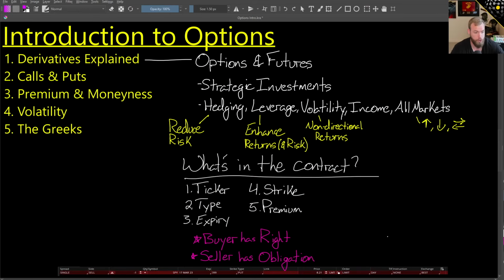The buyer of the house has the right to the asset, and then the seller has the obligation to sell the asset. Now, the only difference is with options, you can buy or sell calls and puts. And I'll go into in a second what the differences are between those two different kinds of contracts, but that's the gist so far. Now, down here, I have just an excerpt on what an actual options contract looks like.